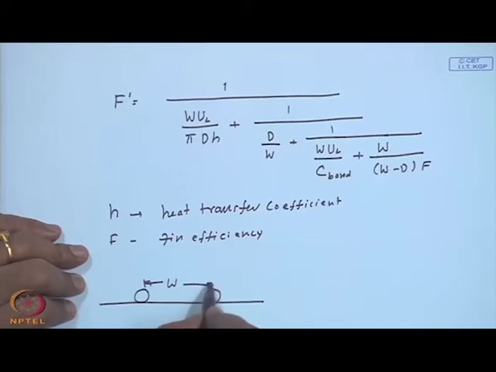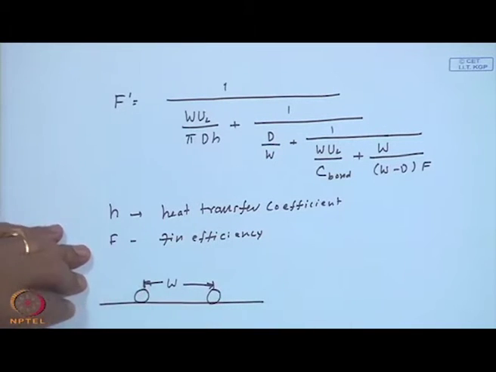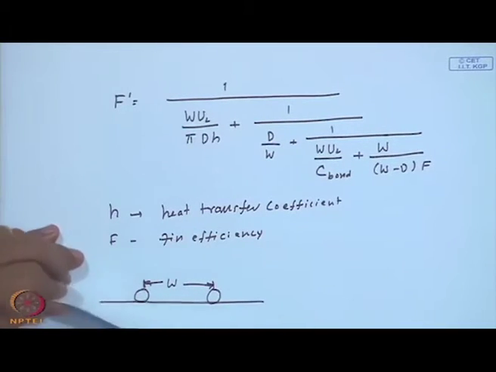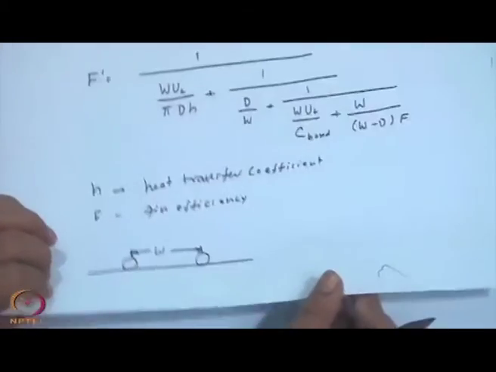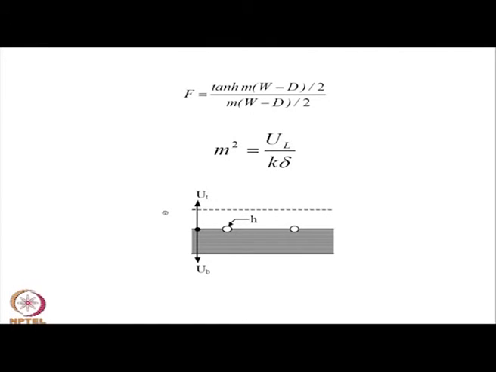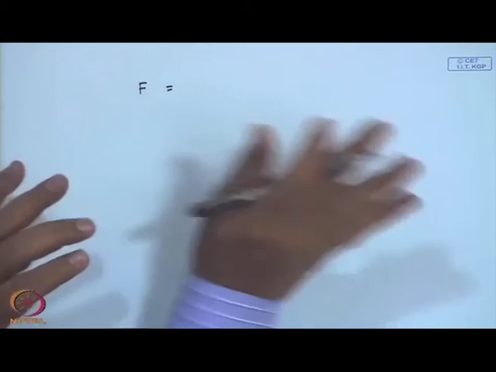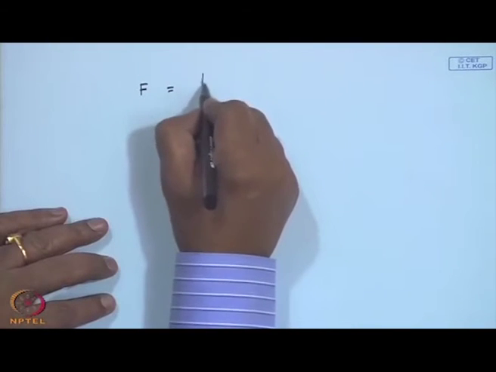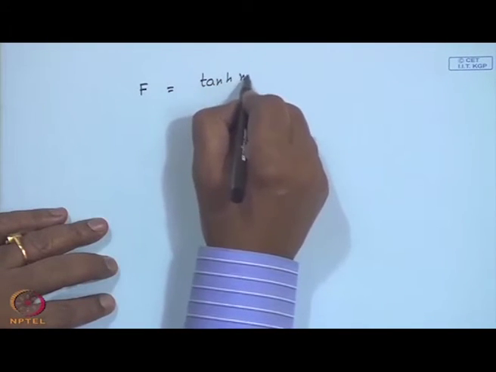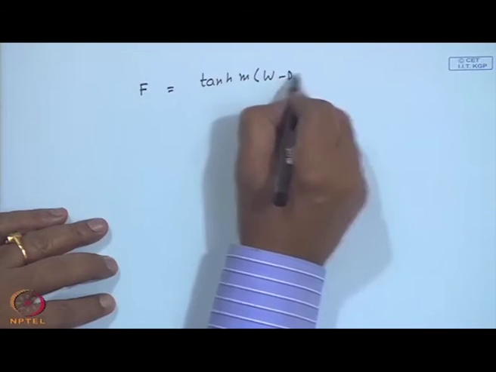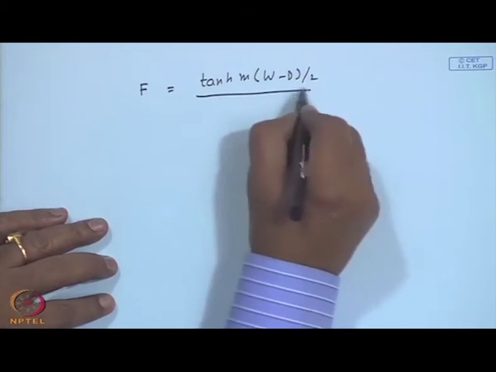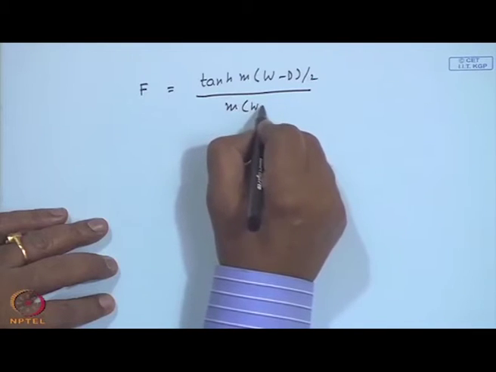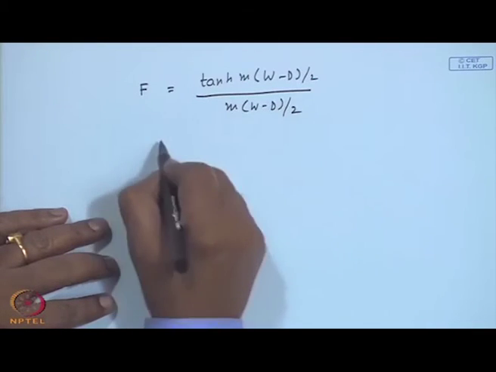This is the way we defined it when we considered the tubes below the absorber plate. So again my fin efficiency remains the same. F dash is a different expression: tan H m into W minus D by 2 by m into W minus D by 2, where m squared is U L by K delta.